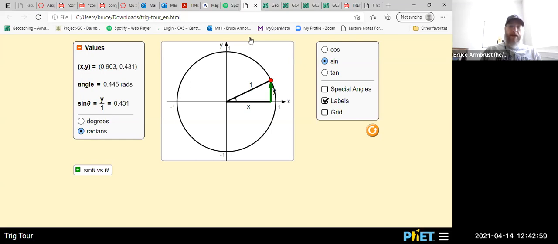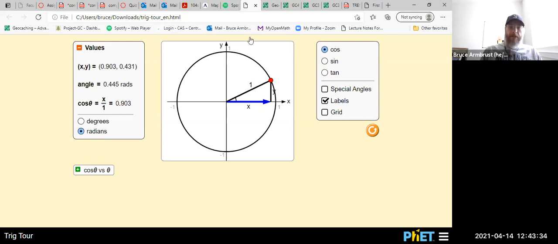So that red dot is 0.903, 0.431. I can change it to degrees if I want, but I want radians. I also can pick different functions. I've got cosine, sine, and tangent. Since we're going to be looking at cosine, let's look at cosine. So again, remember, cosine is our x coordinate. So for this point right here, whatever this angle is, 0.445 radians, the cosine is 0.903.